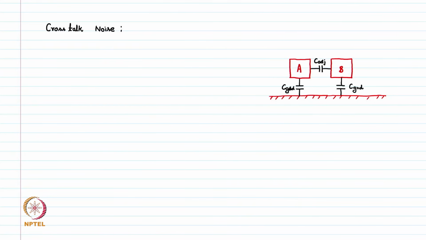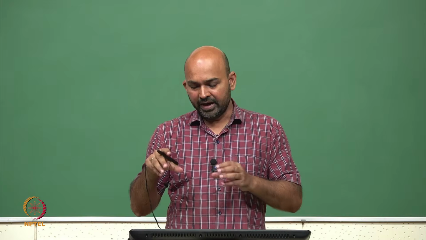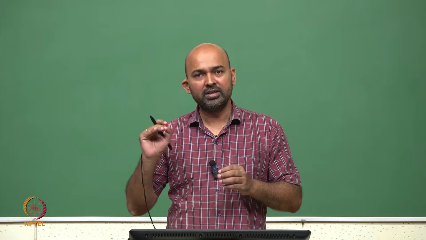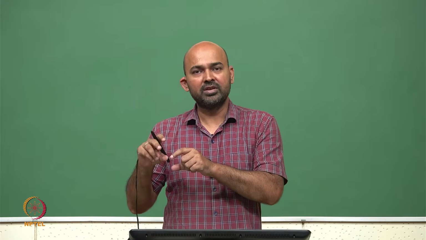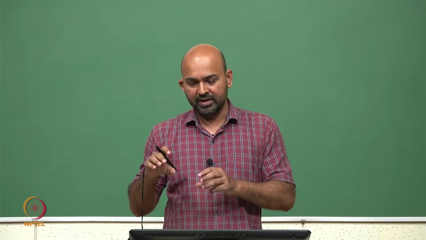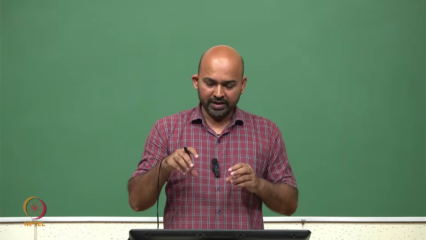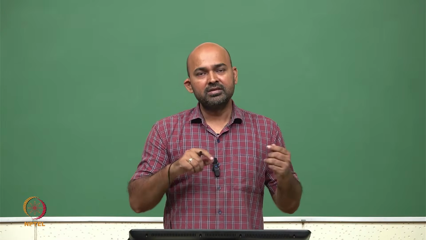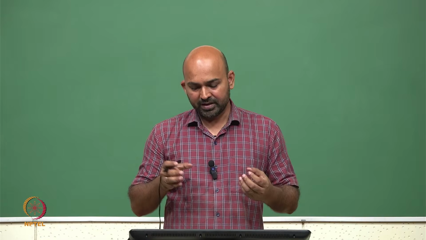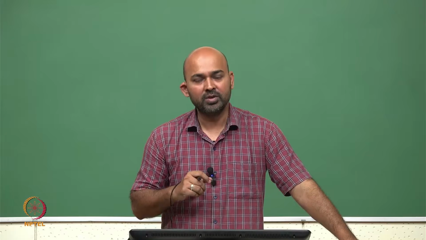Let's consider a hypothetical case where A is switching very fast and B is not switching at all. It is at the DC operating voltage, whatever the voltage is, that is constant in B, and only the A wire is having some high speed signal going from one end to another end.